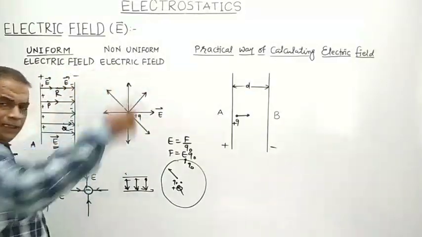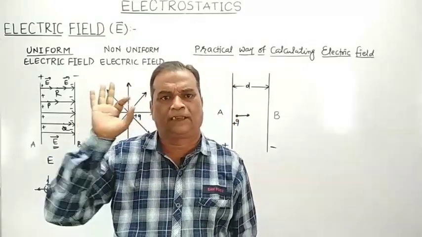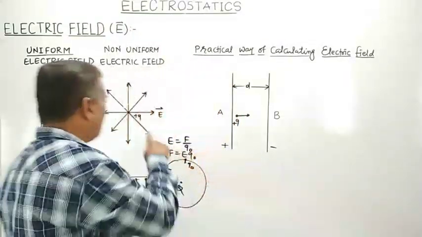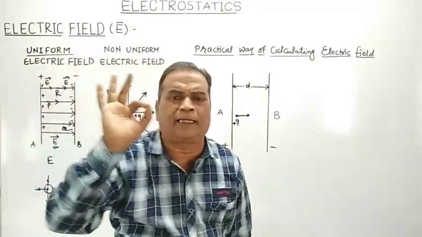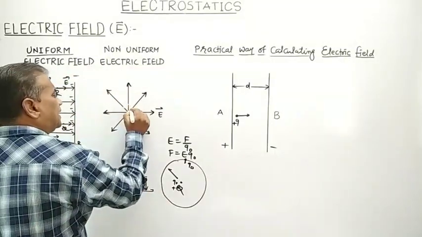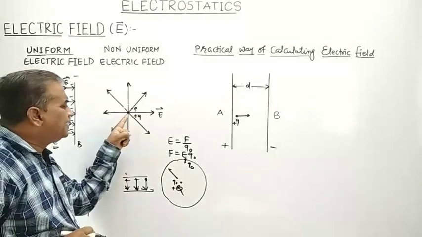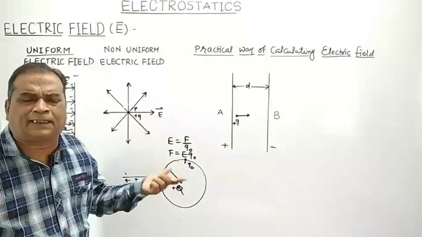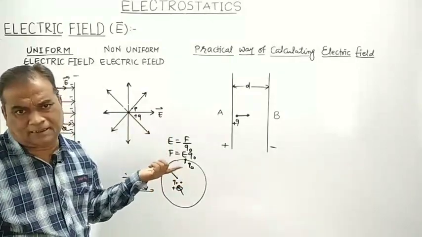An electric field produced due to a point charge is always a non-uniform electric field, because if I try to measure the electric field at a point P which is near to that given charge, the electric intensity, its magnitude, is large.